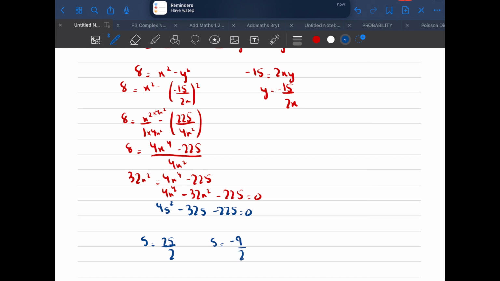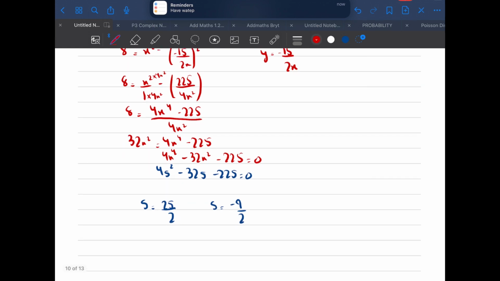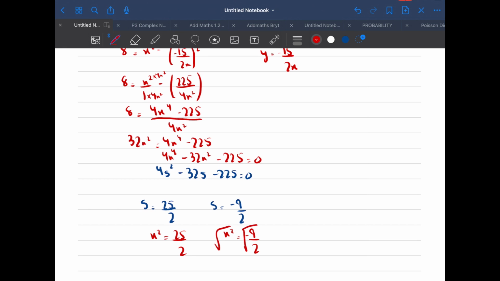Now, these are the answers of what? x square. So x square is equal to 25 upon 2 and x square is equal to minus 9 upon 2. If I square root this, this will be a complex number.